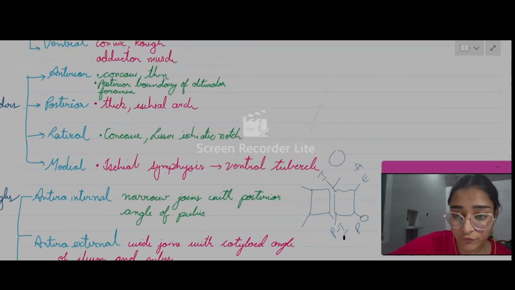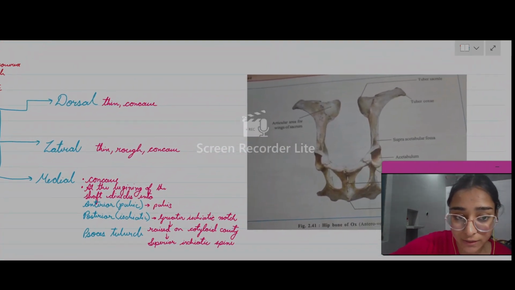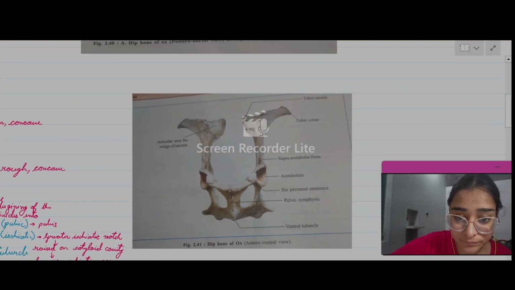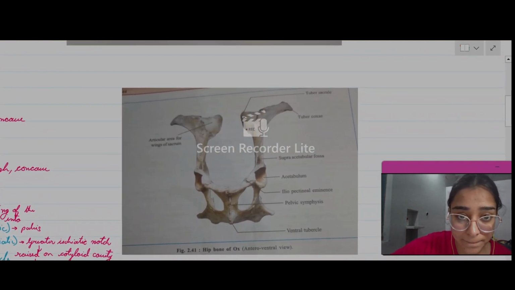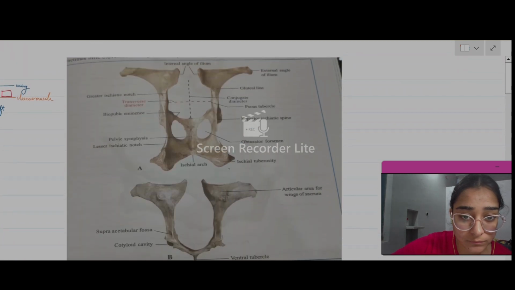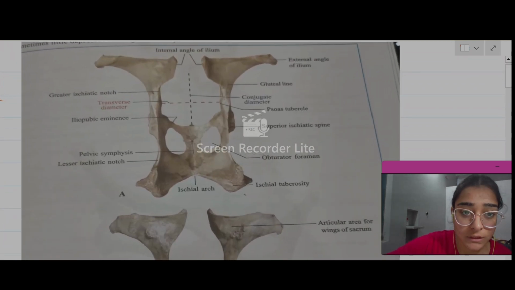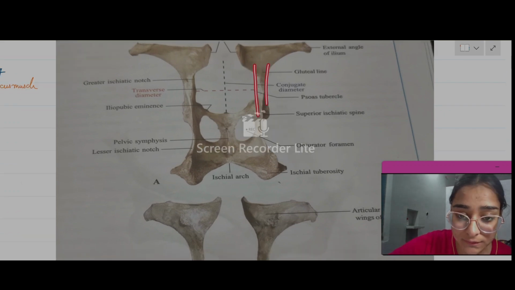If I come to this diagram here, this is the ilium bone. This is the pubis part of the hip bone, and this is the ischial bone.